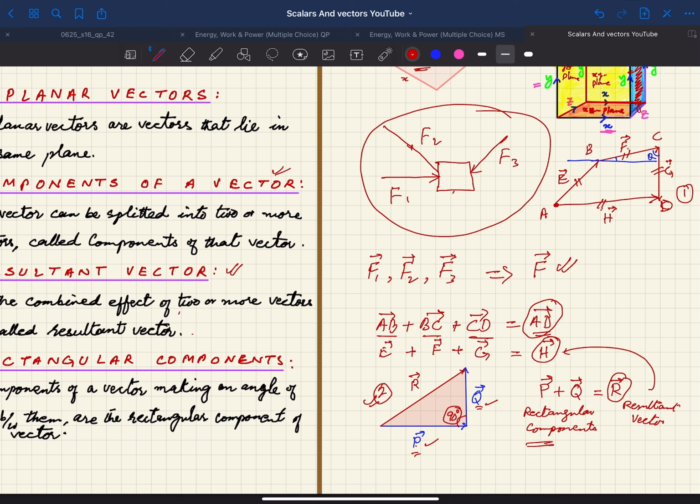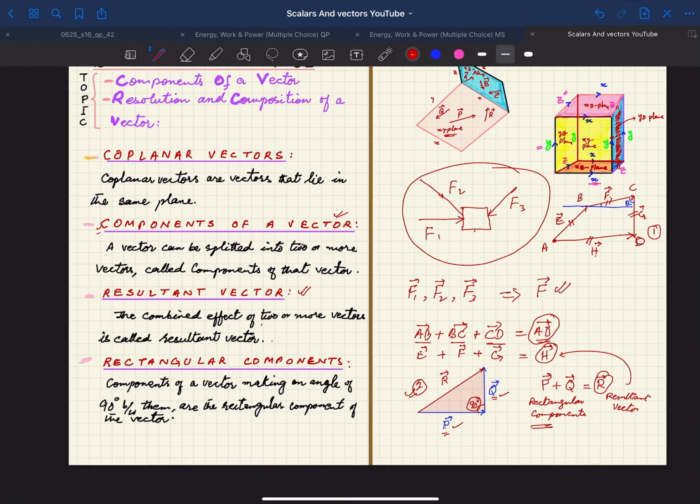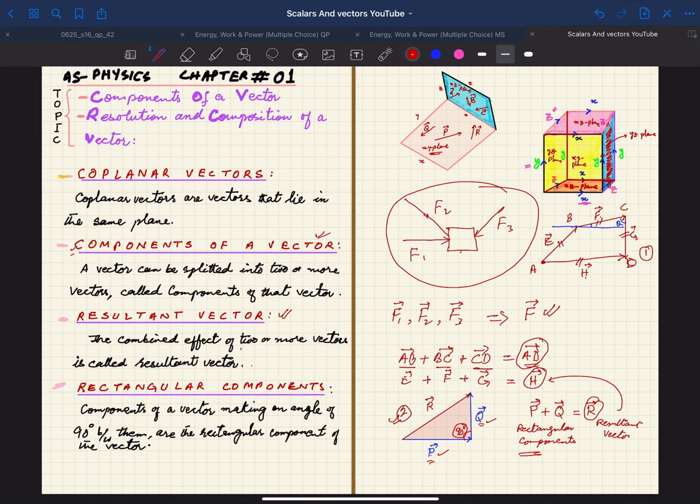Otherwise, you may have components like in this case, the components of vector H as E, F and G. This is very important to understand: components may be any components, or we can divide our resultant vector into a number of components. But if we draw these vectors in such a way that they make an angle of 90 degrees, then they are termed the rectangular components of the vector.